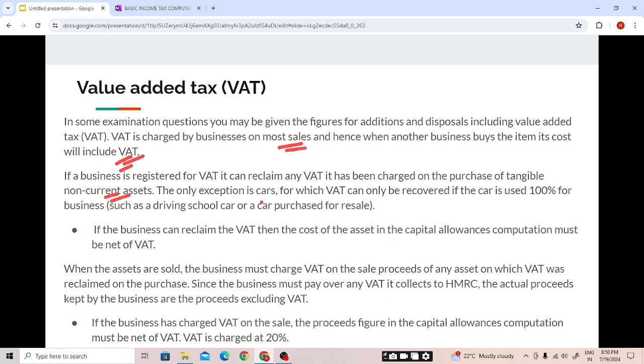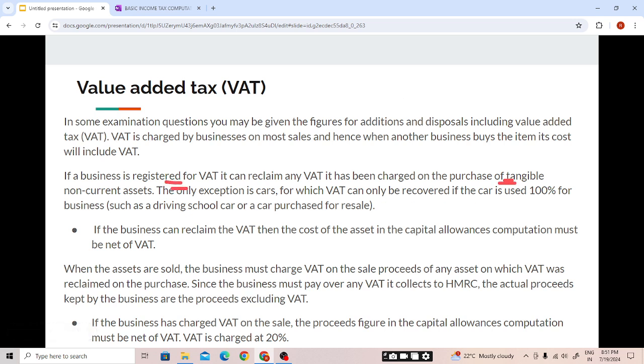The only exception is a car, for which VAT can only be recovered if the car is 100% for business use, such as a driving school car or a car purchased for resale. So students, if we purchase any asset and pay the VAT, and we are VAT registered, we can reclaim the VAT.